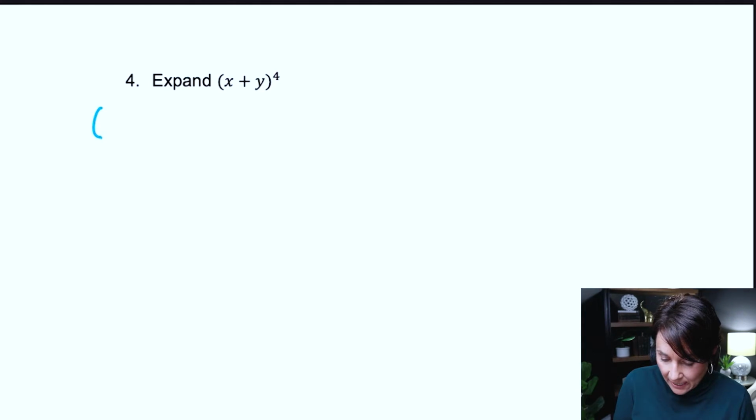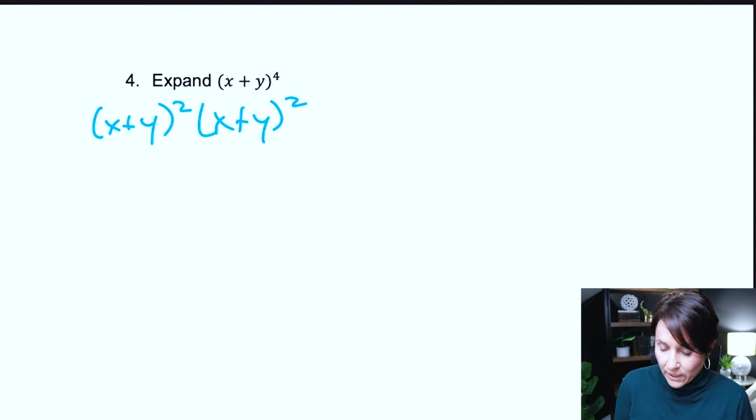You could say x plus y squared, x plus y squared, and then you could FOIL that out and get your coefficients there. However, I would prefer in this situation to use Pascal's triangle because you're probably going to be asked to fill in the coefficients here. I'm going to show you what that looks like at the end. Now, Pascal's triangle is something very easy to use.